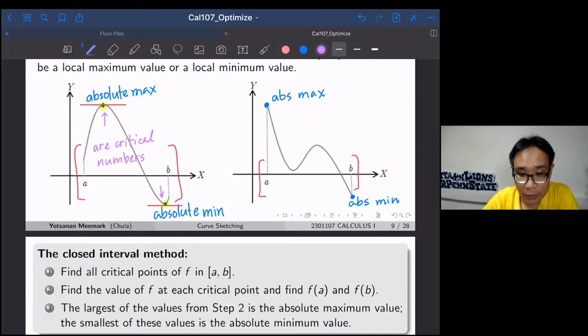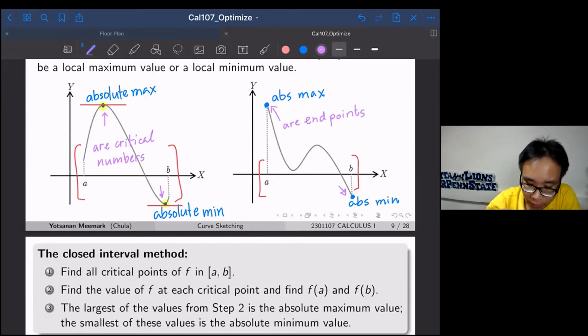However, here you have this point and this point. We're gonna say that these are endpoints of the interval.